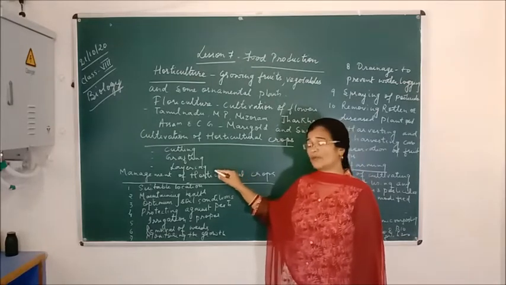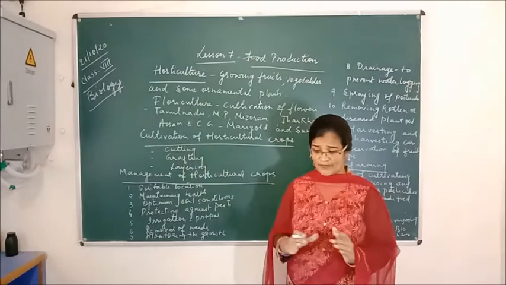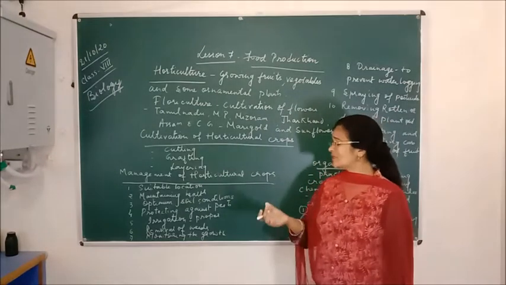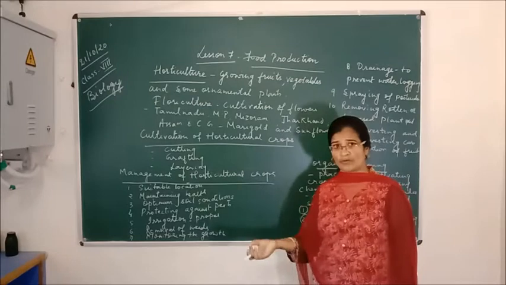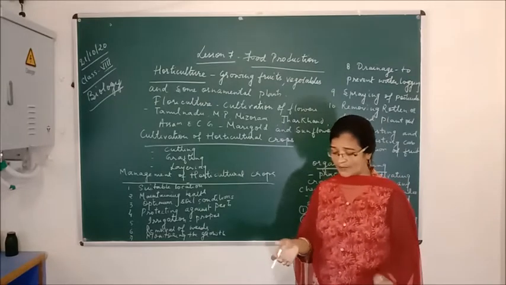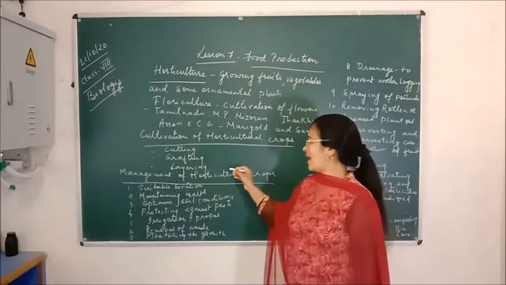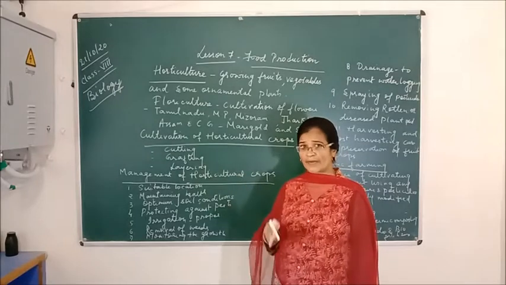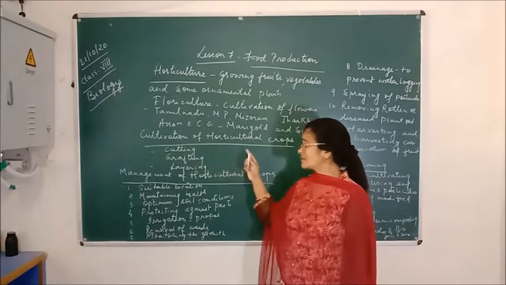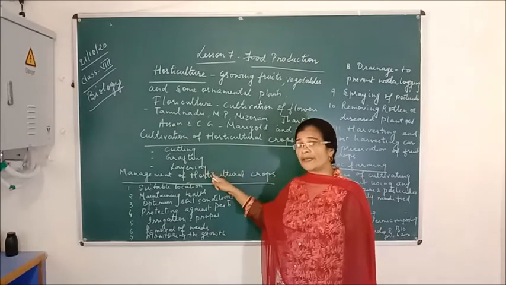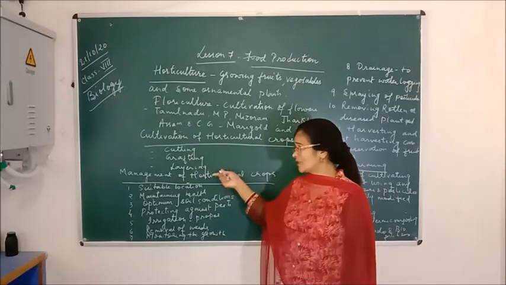Layering is a process in which, whenever the plants are in groups, a single plant is bent down and inserted into the soil. After a few days the roots come out, and when they start growing, it is cut from the parent plant, and after that the cut plant grows into an individual, new plant.